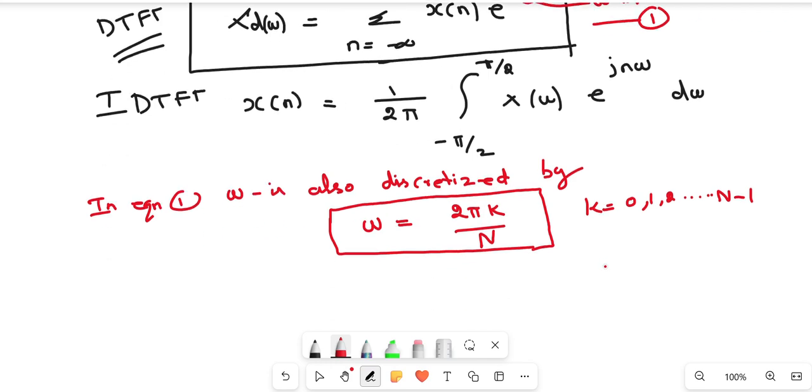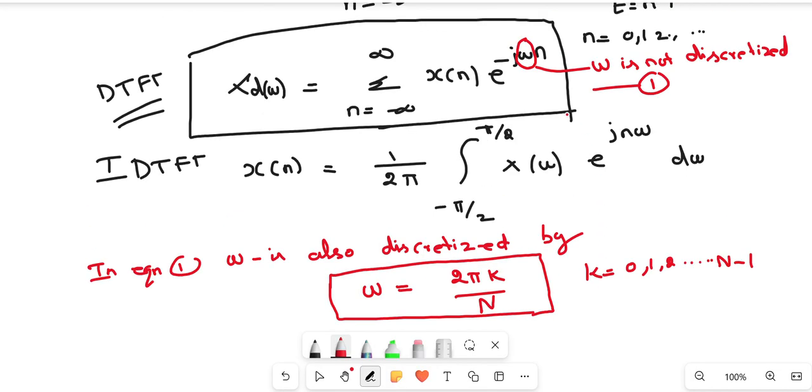So now in this DTFT equation, omega is discretized.